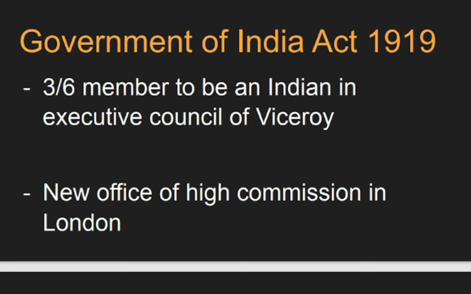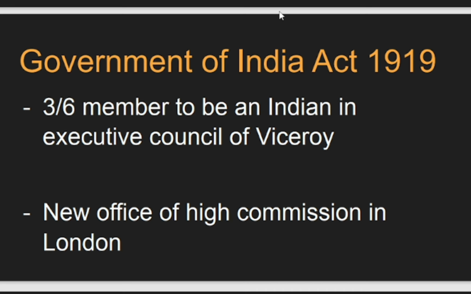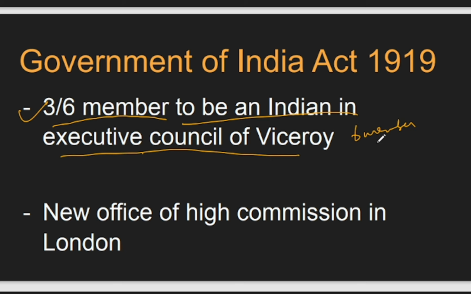So this is also a very important point. It says that three-sixths of the members of the Executive Council of the Viceroy were to be Indian. The Viceroy's executive council was a six-member council, right?